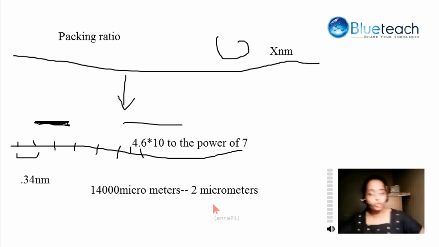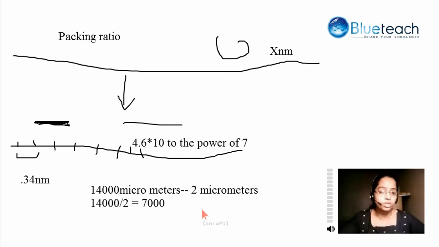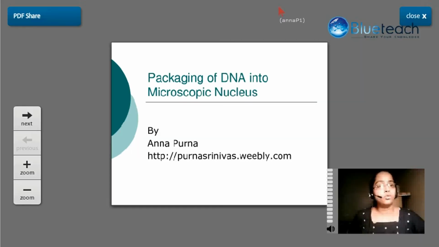So the packing ratio here is 14,000 divided by 2, which comes to 7,000. So the human chromosome gets intensely packed to get accommodated within the microscopic nucleus. To understand that, let me move to the next slide.